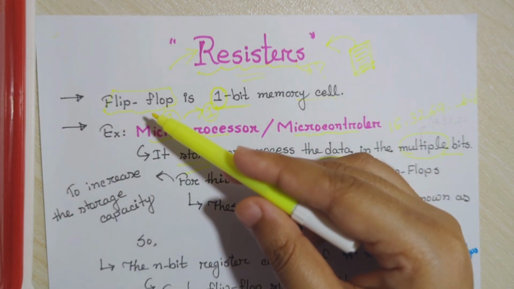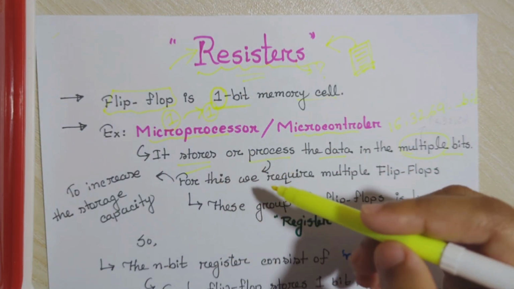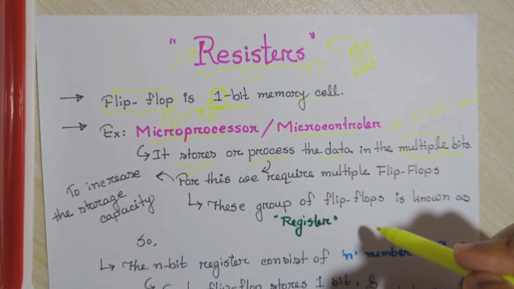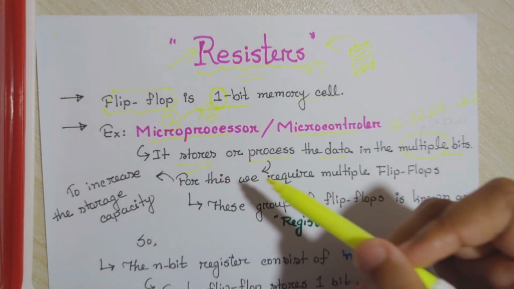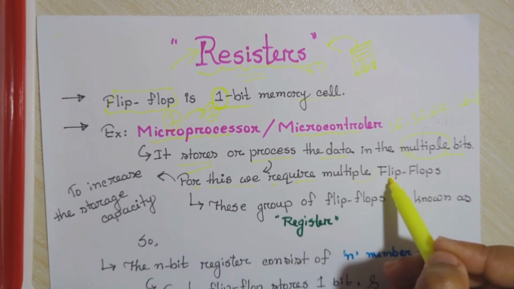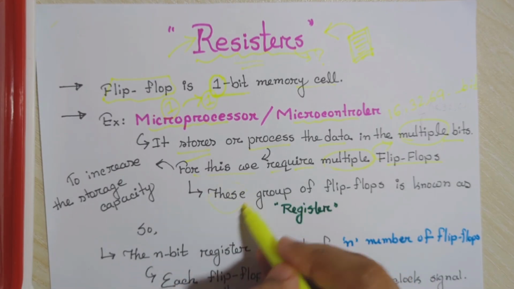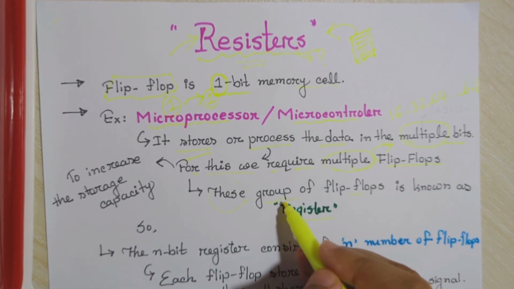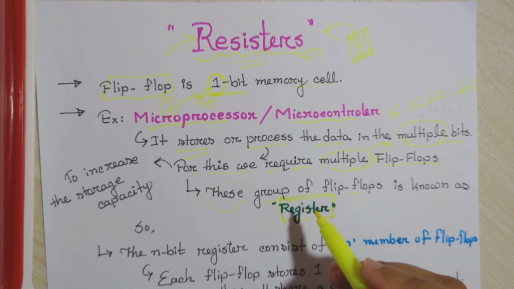As one flip-flop stores 1 bit of binary information, if we have to store multiple bits, we have to use multiple flip-flops in our device. So for this requirement we use multiple flip-flops for storing multiple data bits. This group of flip-flops is known as a register. This is why we use the term register.